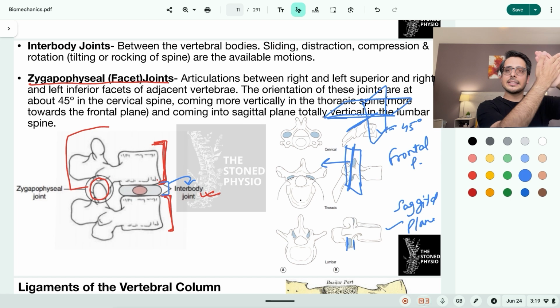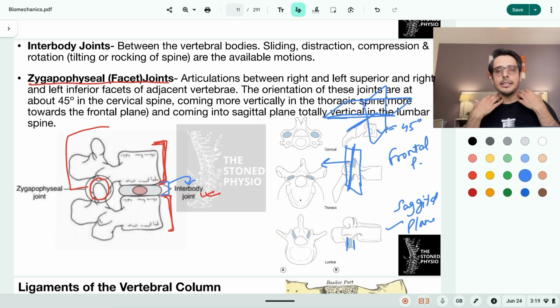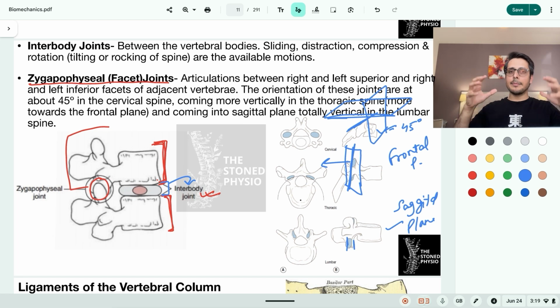So the mobility is like this and the vertebrae tilt like that. And in the cervical spine, it's a good mix of backward forward and sideway tilting as well. So hence we get to see most of the movements in the cervical spine, mostly flexion extension in the lumbar spine, and mostly sideway tilting combined with rotation in the thoracic spine.